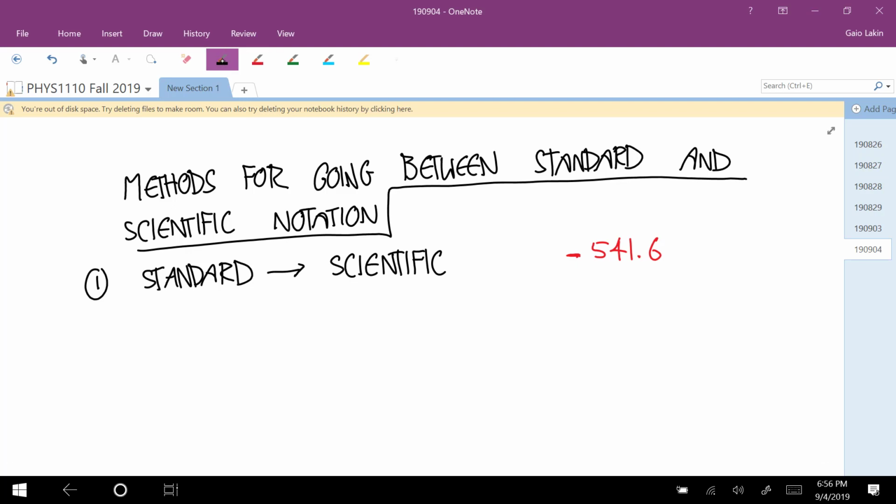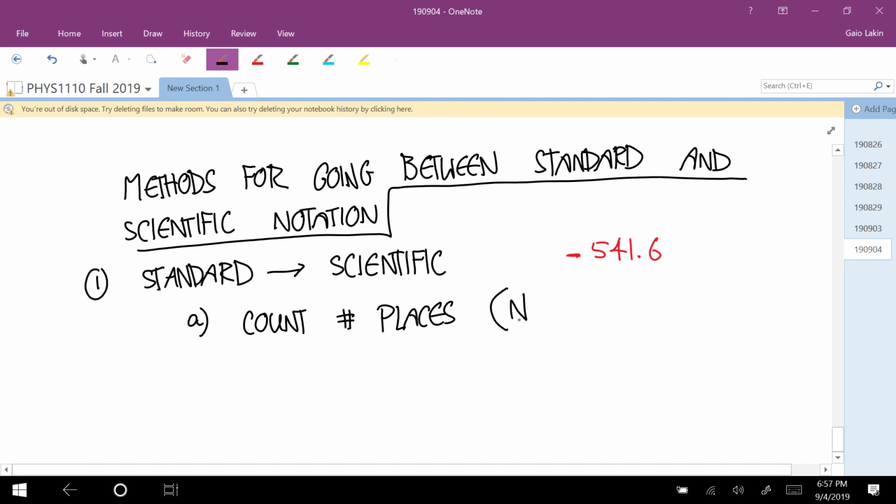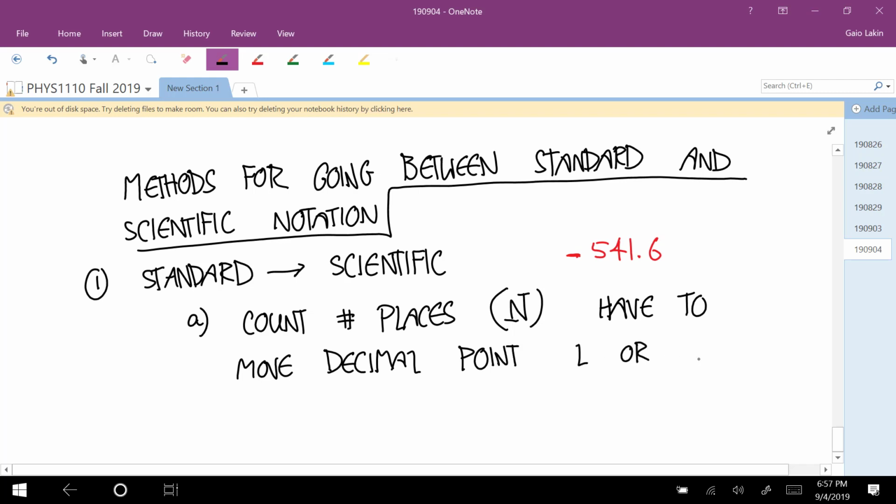So the first step is to count the number of places, and this number I'm going to call n, capital N, that you have to move the decimal point left or right so that you have one non-zero leading digit.